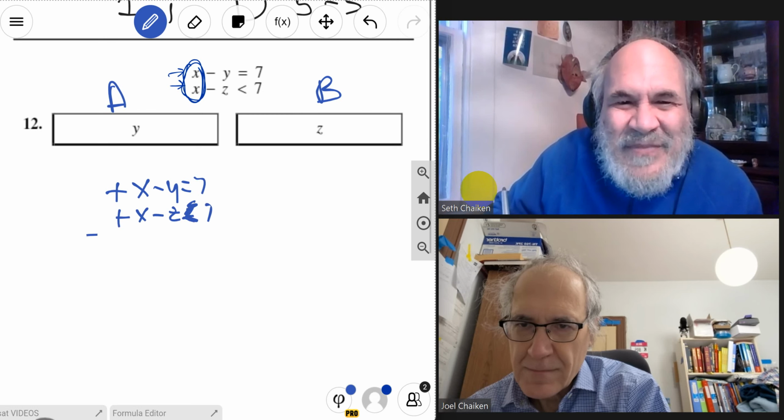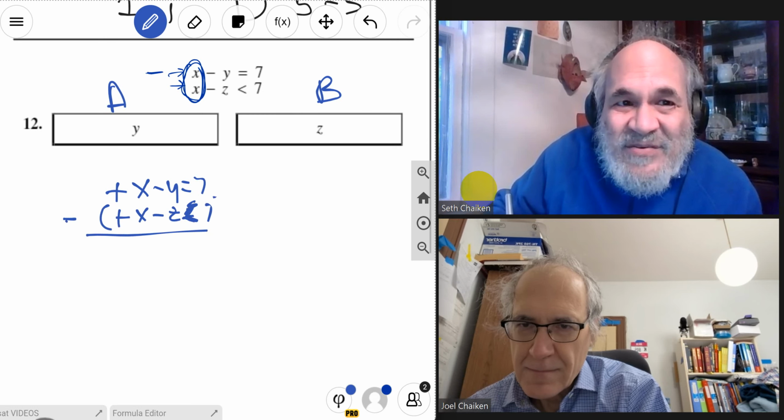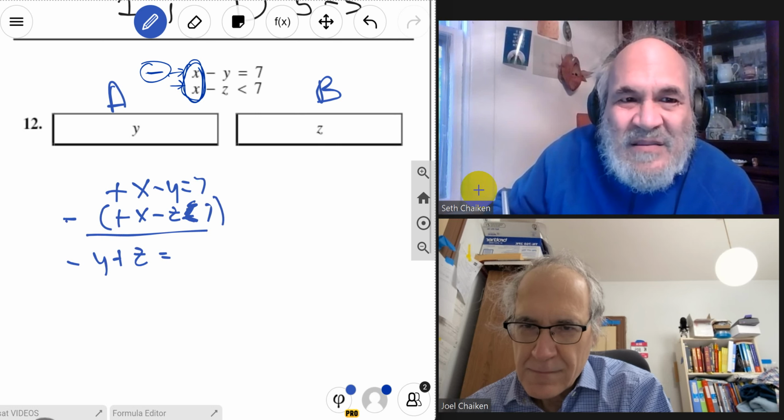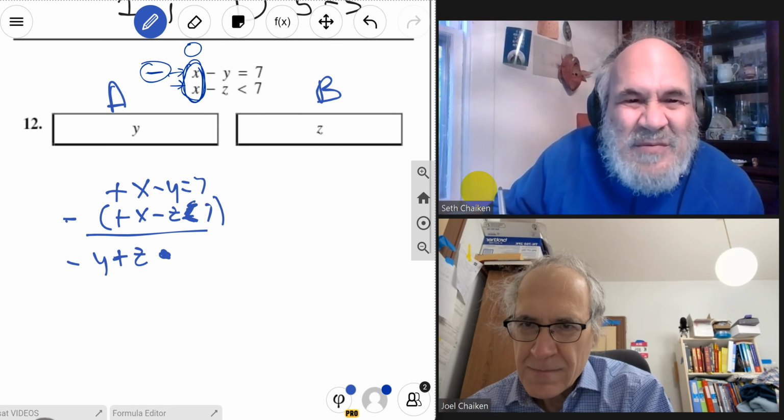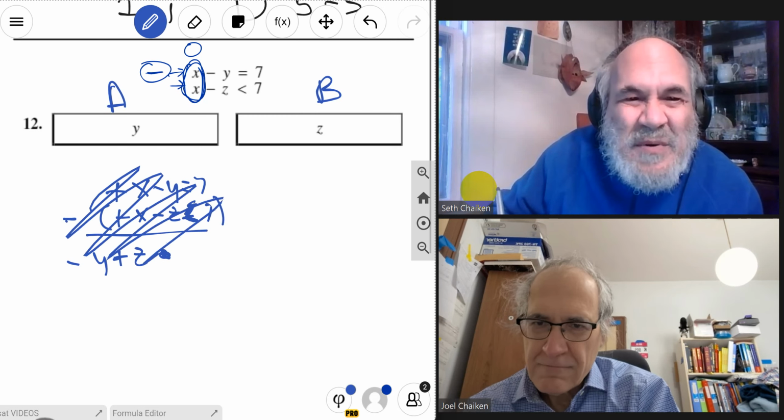Eliminate. Subtract the top inequality from the bottom. I'll eliminate X. Now we have to do some careful algebra.